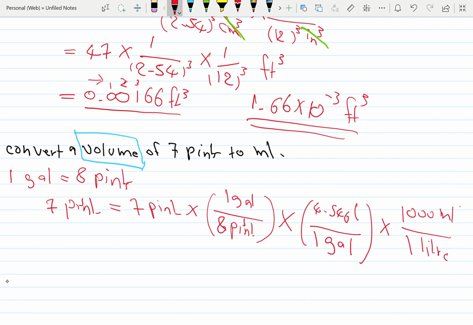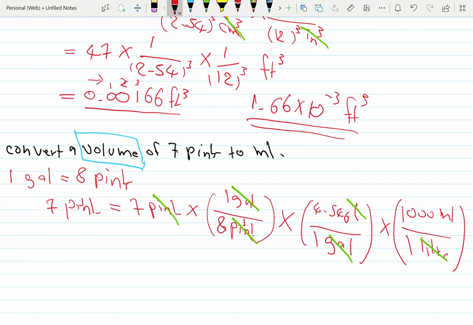Okay, so from this step we can cancel. Let me change the color. Pint here will cancel with this pint. Gallon will cancel with gallon. So this liter will cancel with this liter. So we remain with milliliter, but we still have a lot of numbers inside.